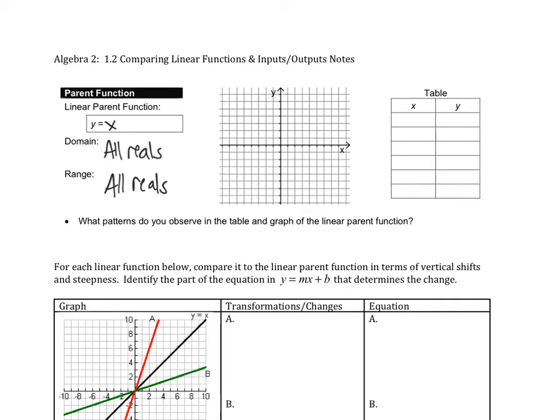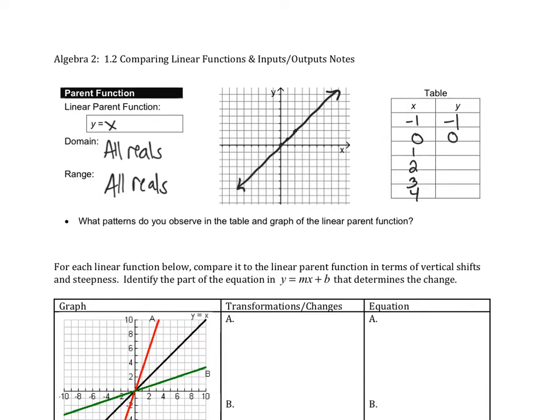When you're going to graph the parent function, we have 0, 0, 1, 1, 2, 2. So this is what the parent function y equals x looks like when you graph it. The table of those numbers, if we use -1, 0, 1, 2, 3, 4: if I plug in -1 into the equation, my answer for y is -1.